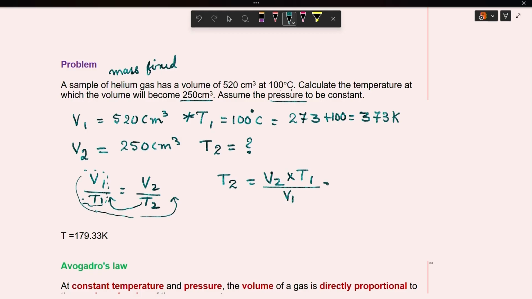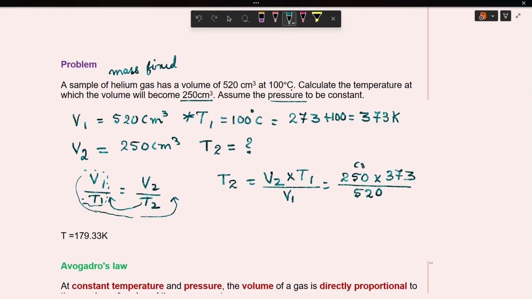Okay. And substituting the values, V2 is equal to 250 into T1, the temperature is 373, whole divided by V1, that is 520.